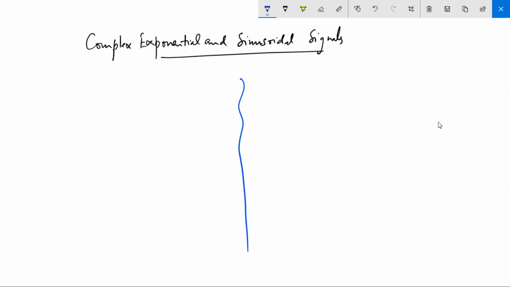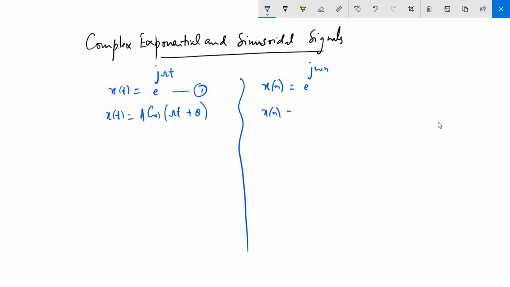What we have concluded there is that if we have a complex exponential signal or a sinusoidal signal in the continuous domain, and on the other hand a complex exponential or sinusoid in the discrete domain, there were some differences between them.